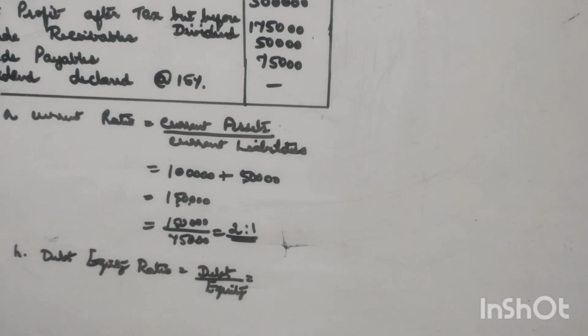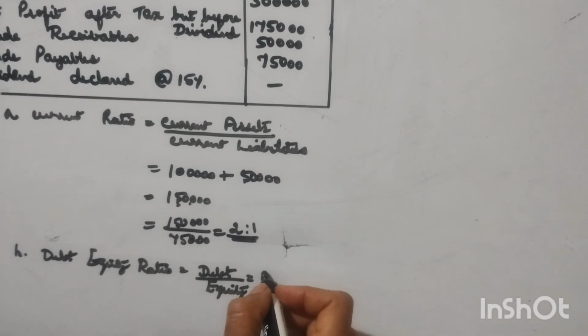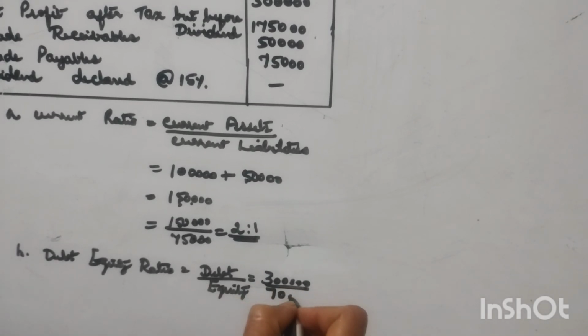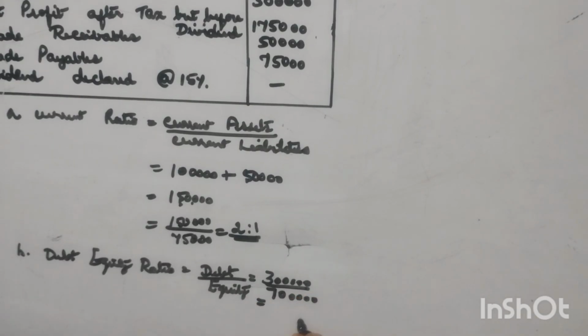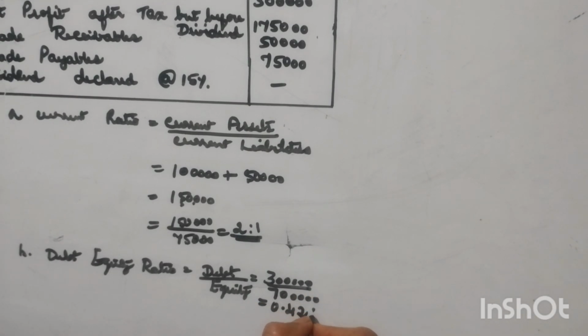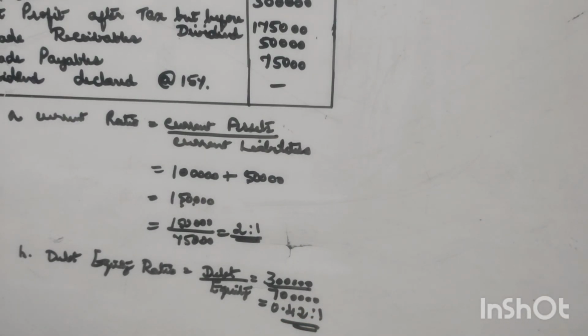Equity is 70,000 equity shares of rupees 10 each, so that is 7 lakh. So 3 lakh divided by 7 lakh, the value will be 0.42, which has to be expressed as 0.42:1. So this is how debt equity ratio has to be calculated.